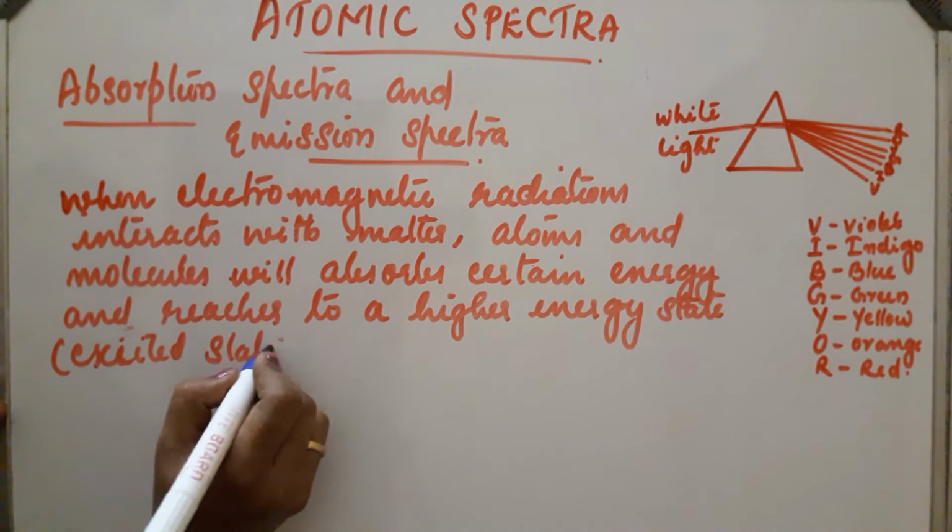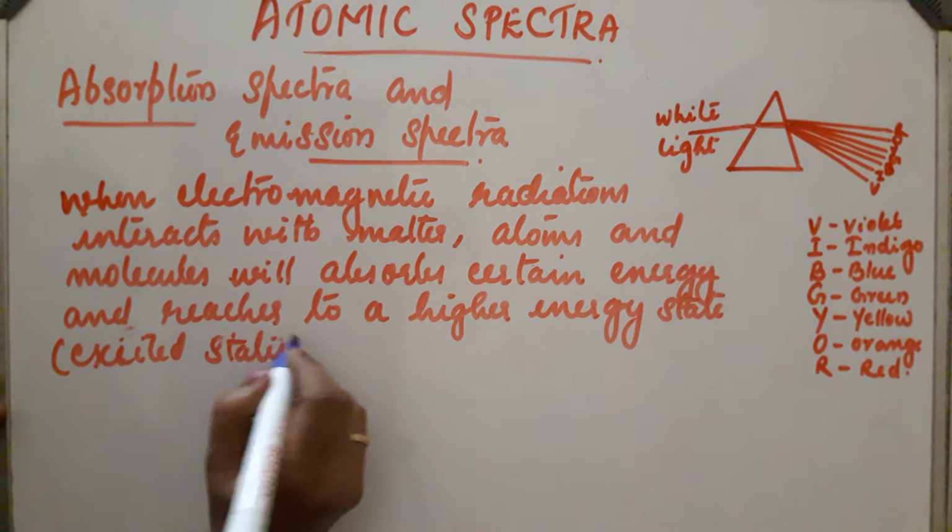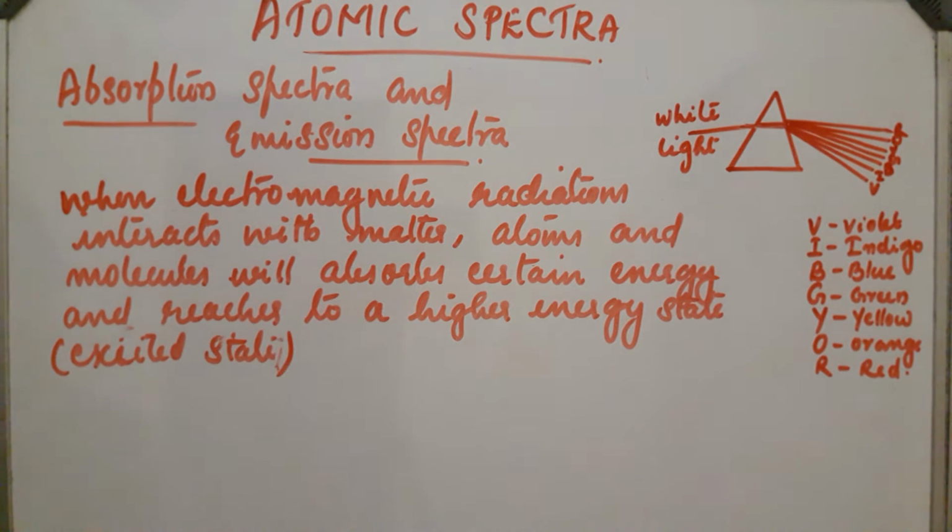This excited state is highly unstable. So they return back to the lower energy state by emitting certain radiations of various regions of the electromagnetic spectrum, and they produce spectra. Absorption spectra and emission spectra are obtained like this.